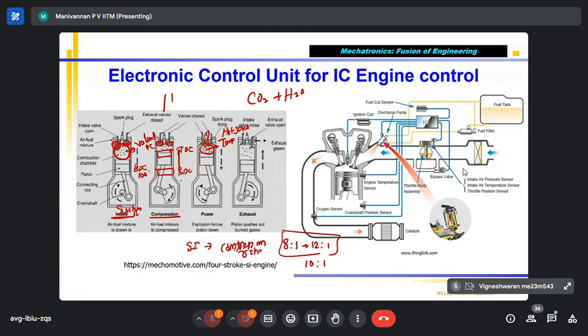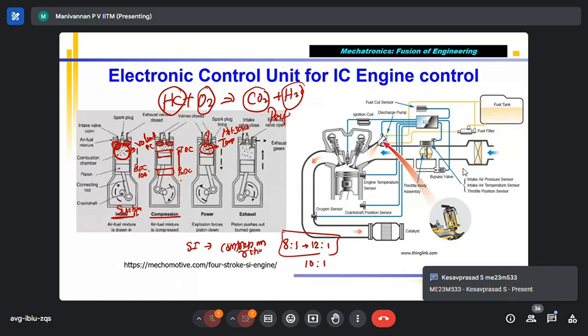Basically, what you are giving is HC plus O2. HC is nothing but your fuel. O2 is the oxygen in the air. Now, these two will combine and form CO2 and H2O in case of perfect combustion.